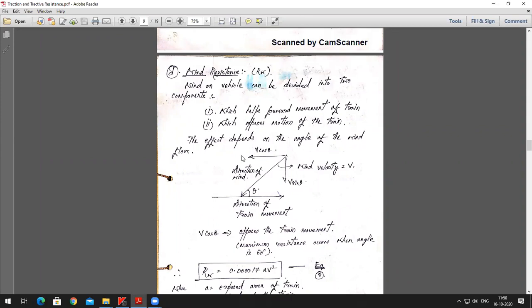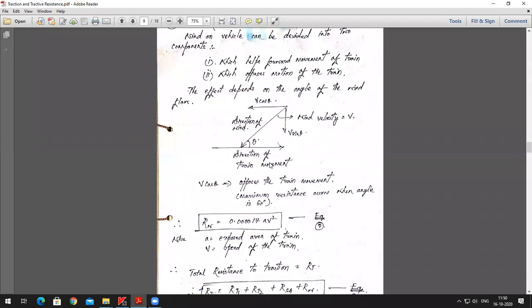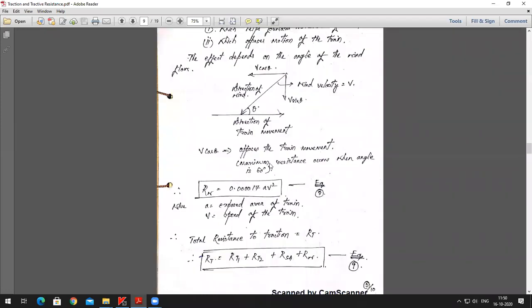I think you have already studied the resolution of forces in engineering mechanics. The same principle can be adopted here. The horizontal component here is V cos theta and the vertical component is V sin theta, right? This particular force will be assumed to be acting in the horizontal plane, not along the vertical plane. So this velocity V will be resolved like this, and you are trying to derive an equation.